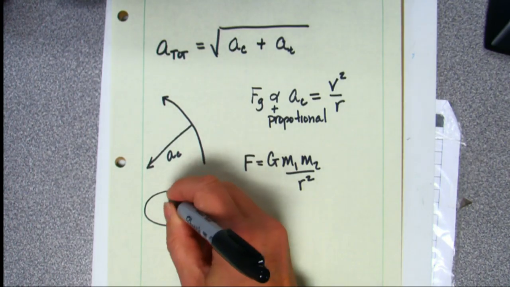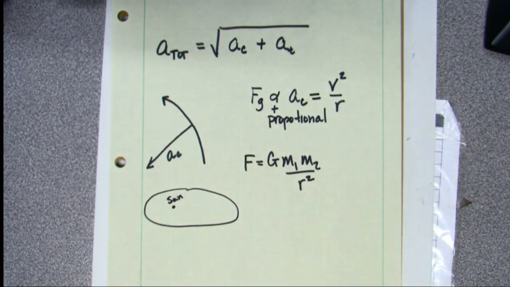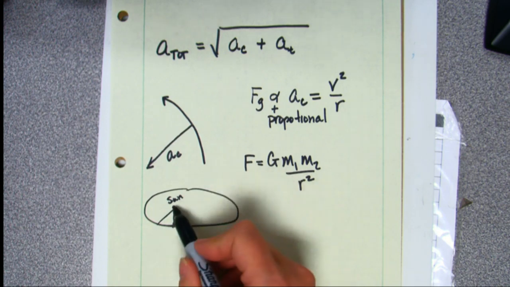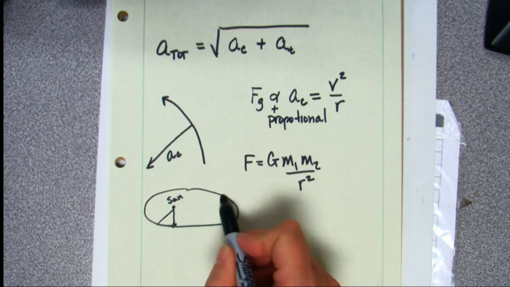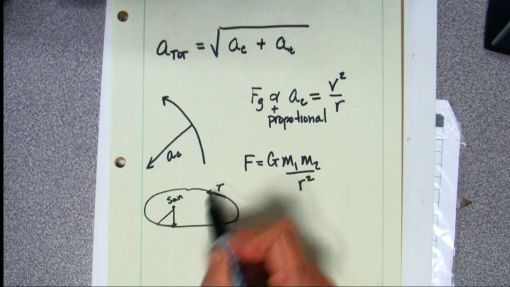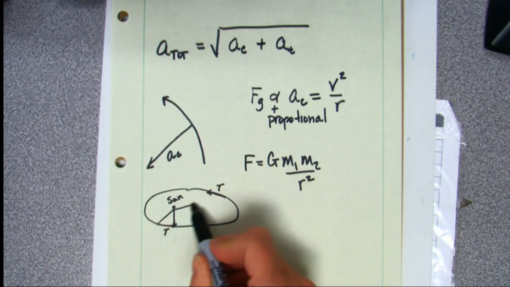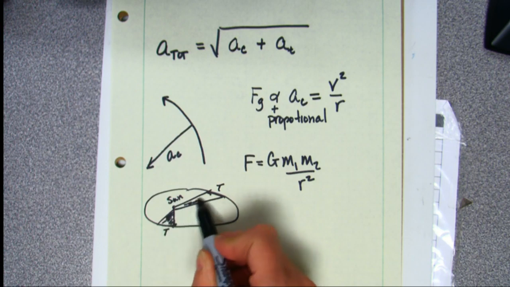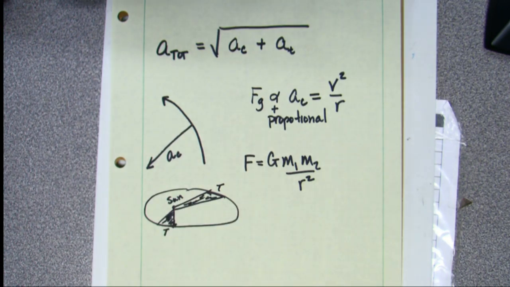The sun is located at one focus of the orbit, and the time that it takes me to go from here to here, and the time that it takes me to go from here to here, if those two times are the same, the areas of these triangles ultimately are the same. We get the area of those triangles being the same.